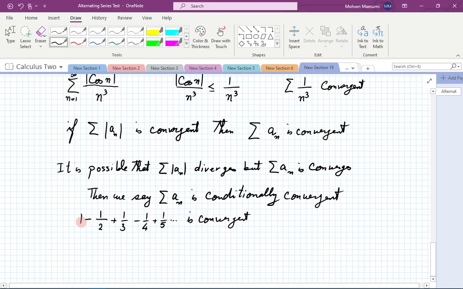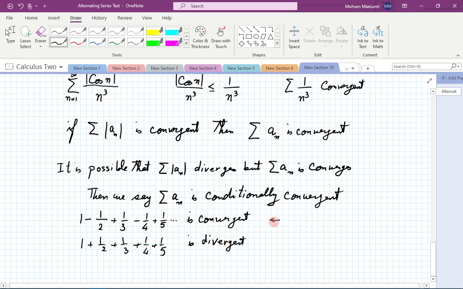But if you force all the terms to be positive, 1 plus 1/2 plus 1/3 plus 1/4 plus 1/5, by the p-series test or the integral test or a variety of other ideas, this one is divergent. So when it happens that the series with some positive, some negative is convergent, when we force everybody to be positive, it becomes divergent.